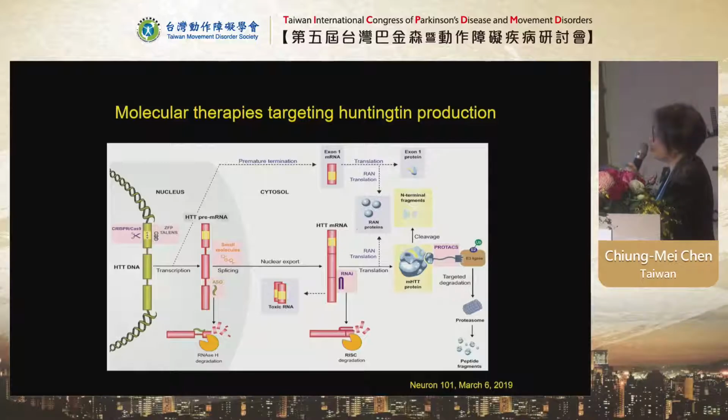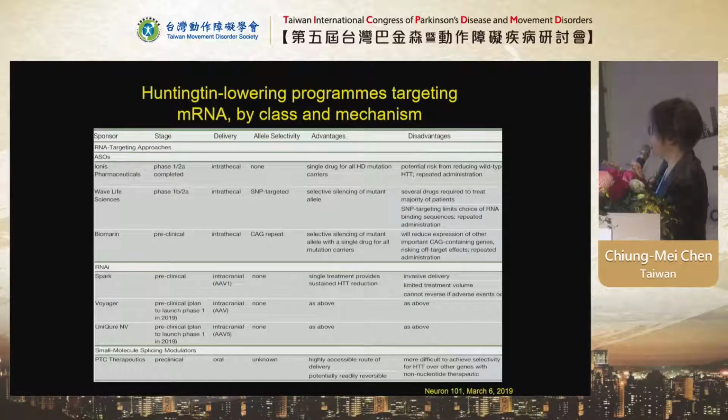We can also use microRNA or small interfering RNA to bind to messenger RNA to induce RISC-mediated degradation of messenger RNA. So now we have several clinical trials ongoing.